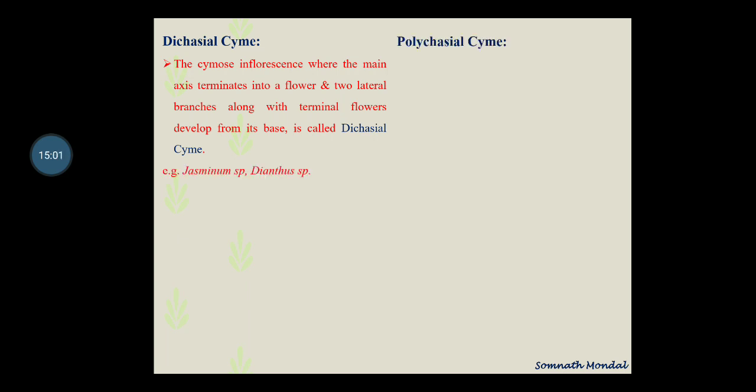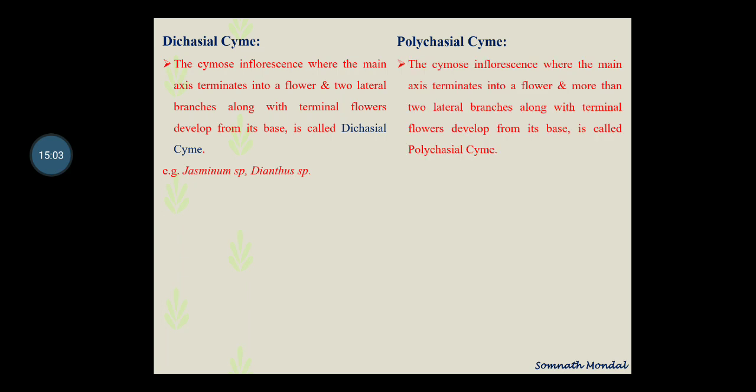Whereas in case of polychasial cyme, there will be more than two lateral branches along with terminal flowers developing each time from the base of the inflorescence axis. That is why it is called polychasial cyme. Dichasial you will see in Jasminum and Dianthus. Polychasium you will see in the members of Asclepiadaceae like Calotropis. And these are the respective images of dichasial and polychasial cyme.